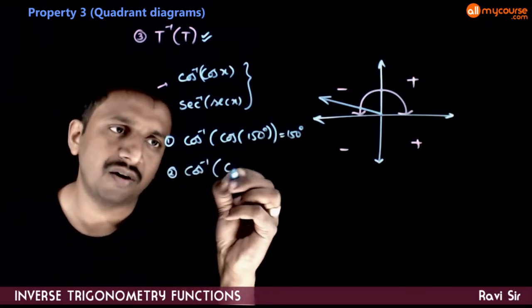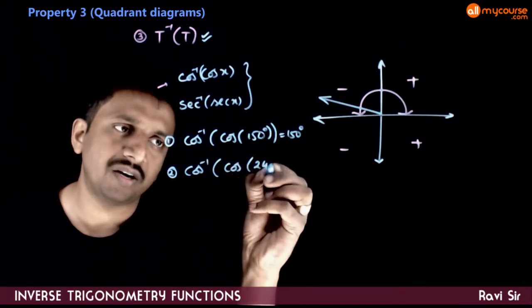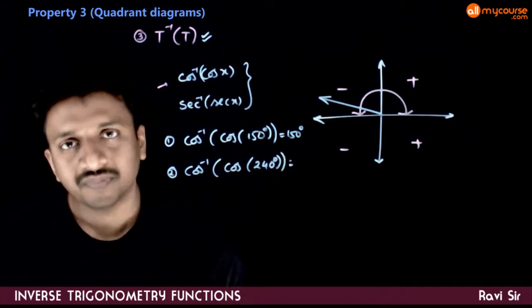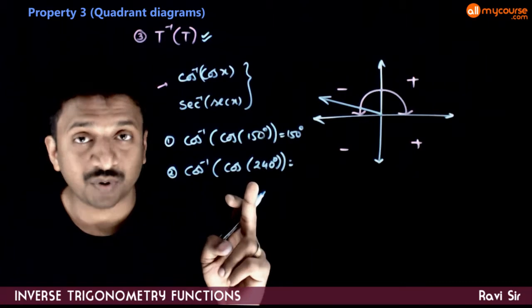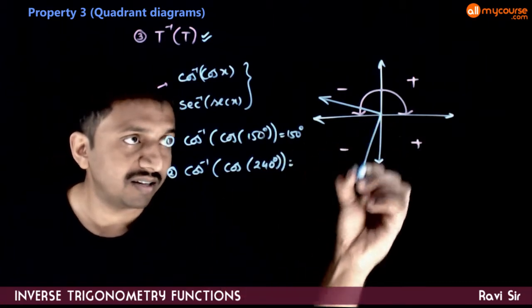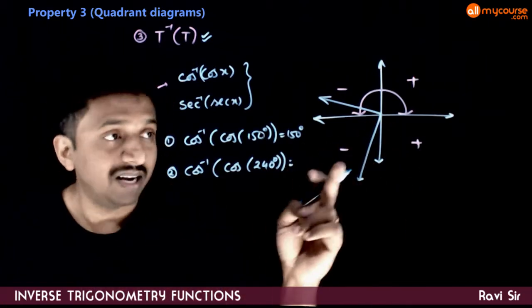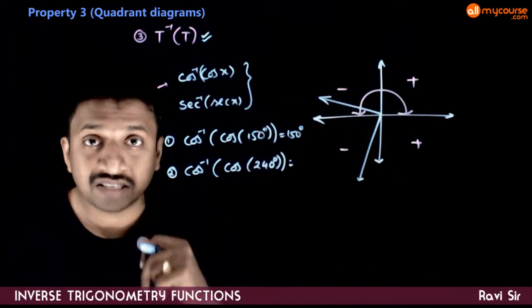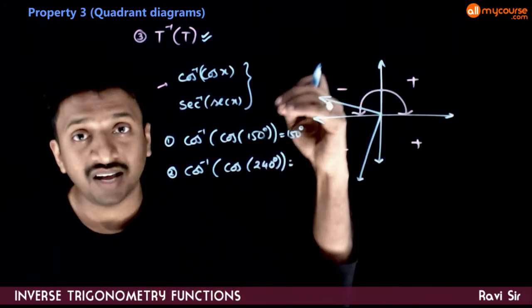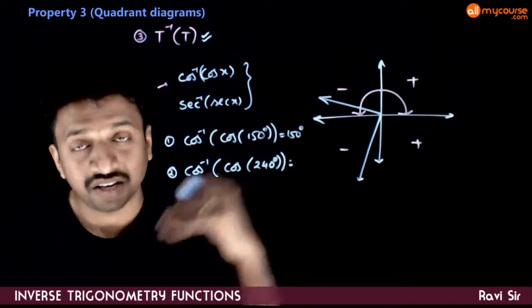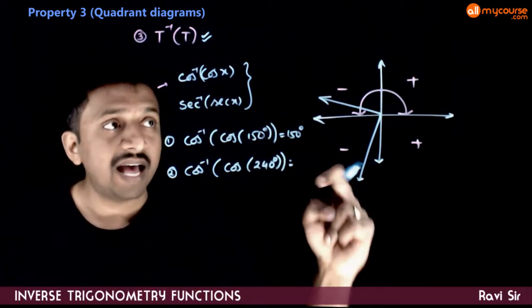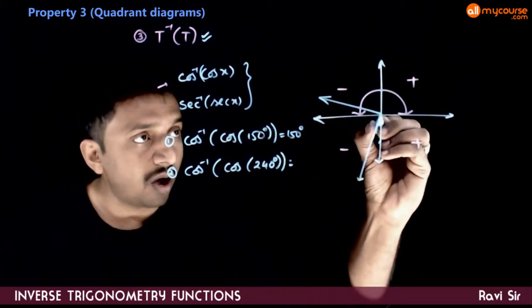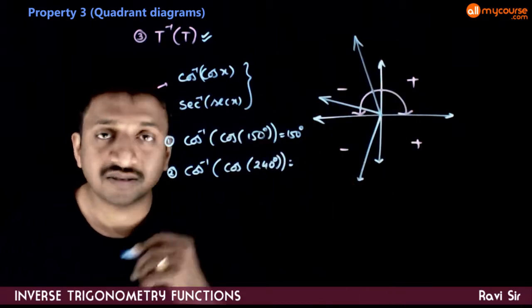Cos inverse of cos 240 degrees. If you draw the ray corresponding to 240 degrees, the ray looks something like this. It lies outside the range, so you have to take this ray into the range by reflection. So negative has to go to the negative side. On reflection, the ray looks like this.